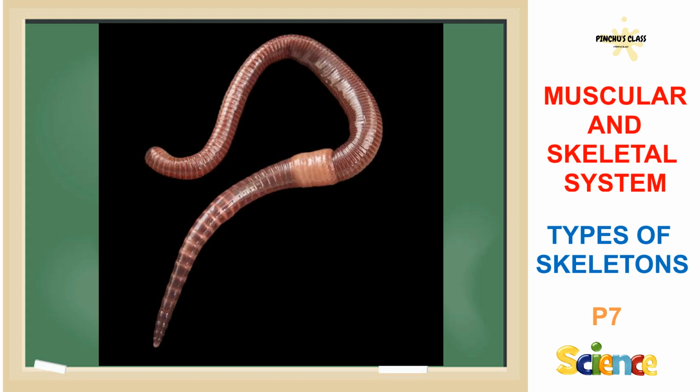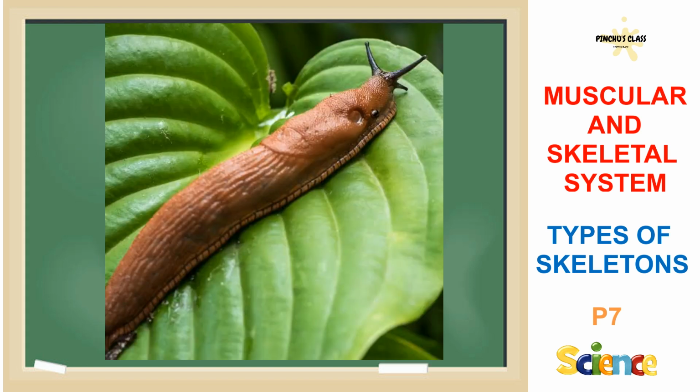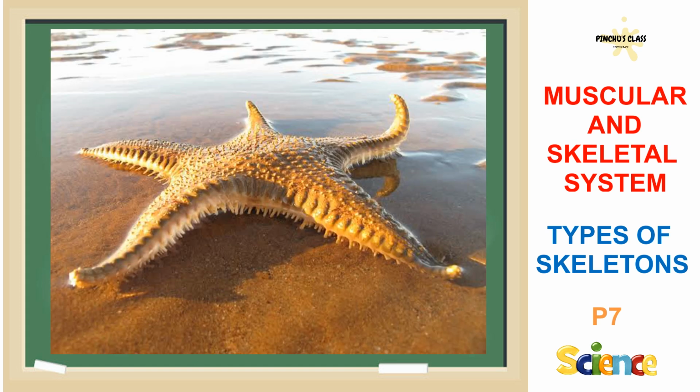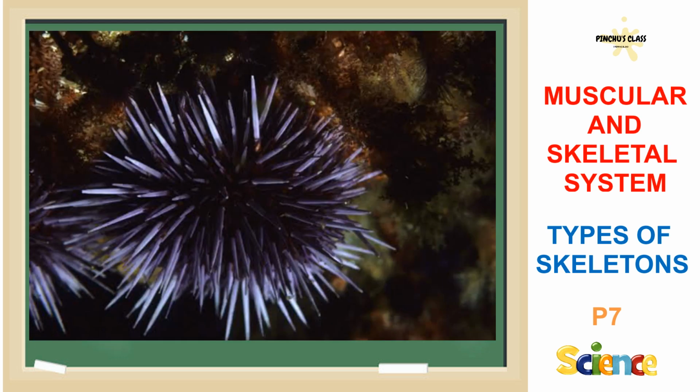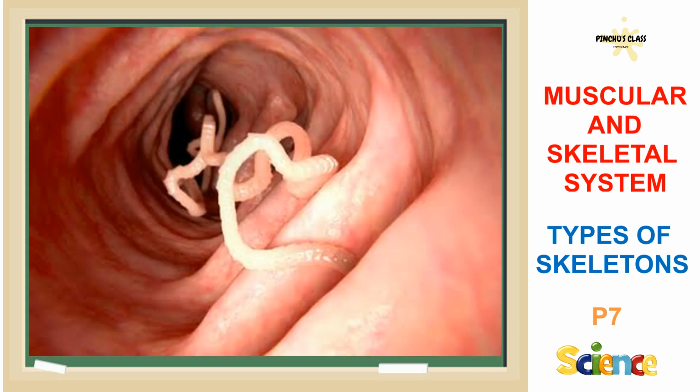You see them trying to move, but you see that the liquid inside their bodies is moving. The slugs, of course, you cannot see the starfish because they are found mostly in oceans. Jellyfish, also even the sea urchins. So the intestinal worms, mainly found in your bodies when they get a chance of entering into your body. So that's how the hydrostatic skeleton works.